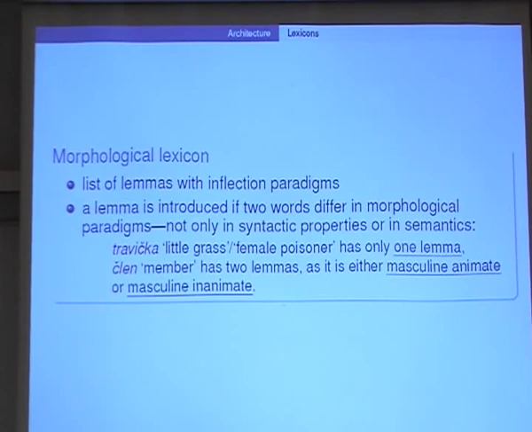For instance, travička is an ambiguous word, but not on the level of morphology. It's a problem of lexical semantics. So travička will be represented only by one lemma in this morphological lexicon, because both meanings display the same morphological behavior. But člen is represented by two lemmas, because it can be masculine animate or masculine inanimate.